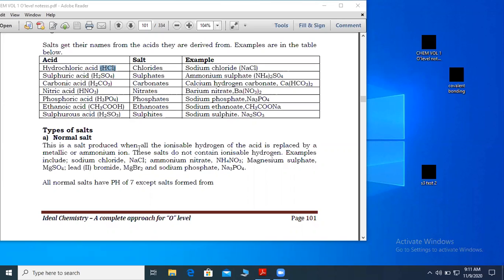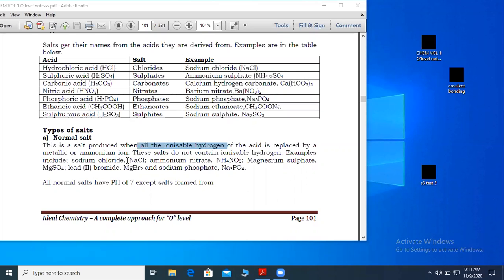So what is important is for us to remember that for a normal salt, all the ionizable hydrogen of the acid is replaced by a metal or ammonium ion. And the metal can be any metal. It can be sodium, magnesium, aluminum, etc. So these salts do not contain ionizable hydrogen.